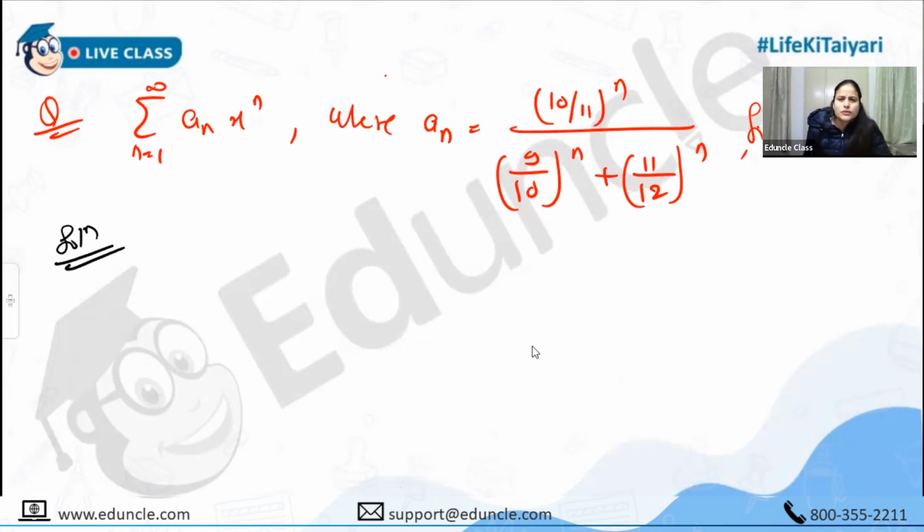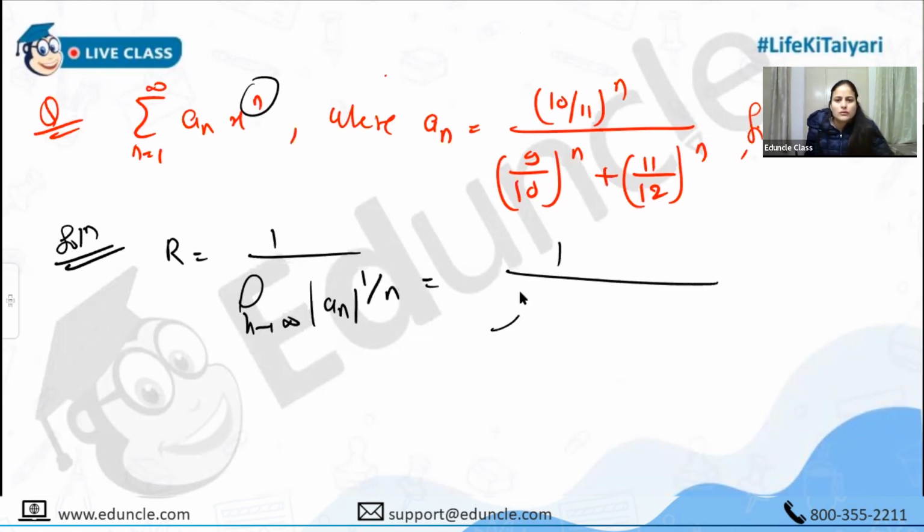So which formula do you want to apply to find the radius? Root formula, yes. We'll apply the root formula here because in this nth term, n occurs in the exponent. So radius will be 1 upon limit n tending to infinity of |a_n| raised to the power 1/n.